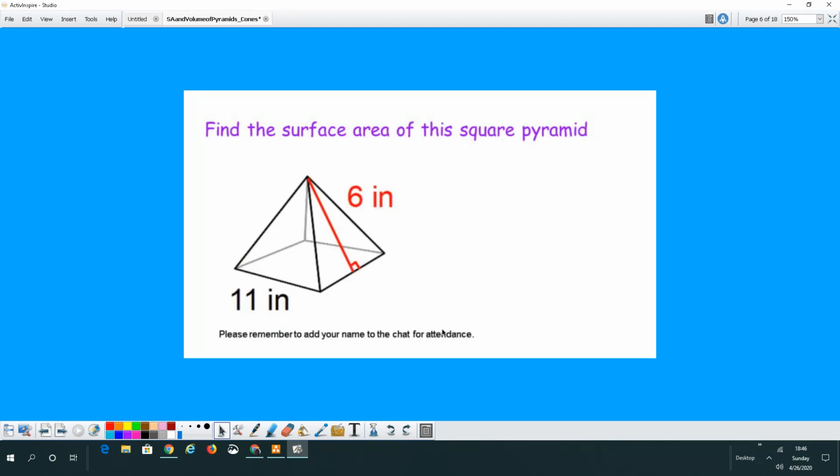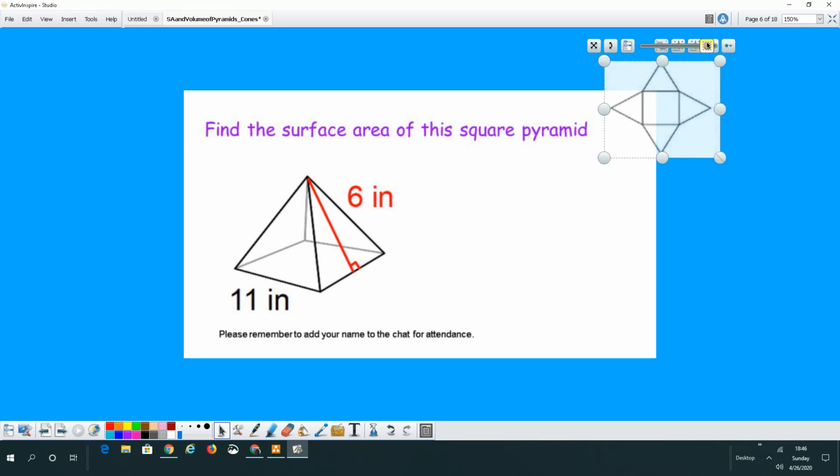Okay, so the first thing we're going to do is find the surface area of this pyramid. So we want to remember that our pyramid has a net, and that net, I've got a little picture of it here for you, is made out of a square base and 4 triangular sides. In our case, that base, that square, has sides 11 and 11.